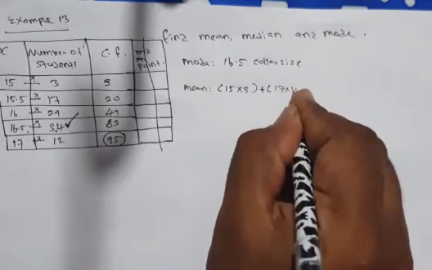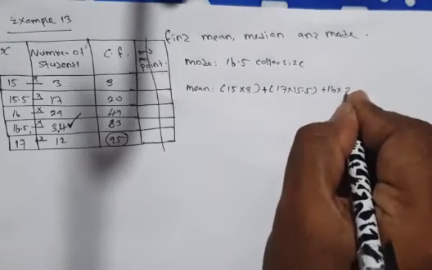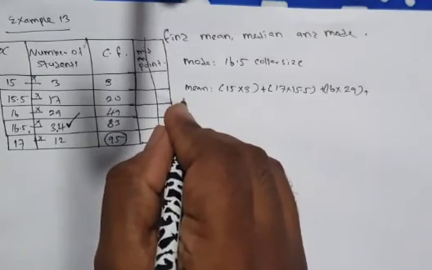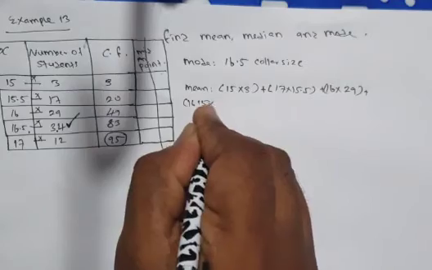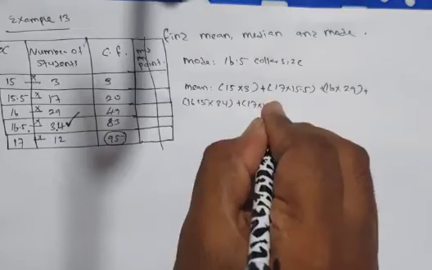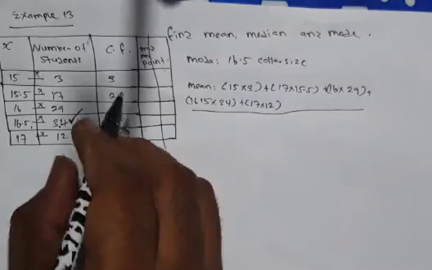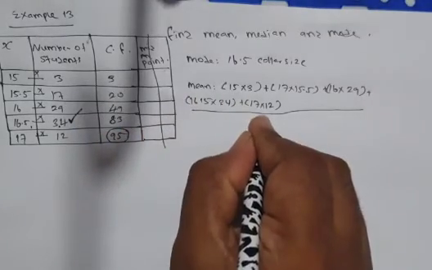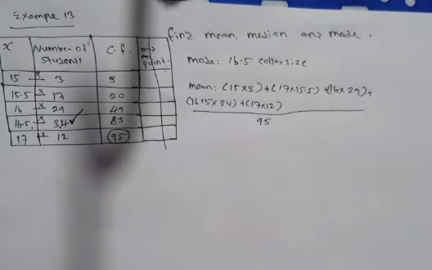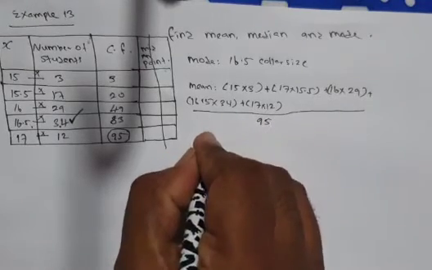So 17 times 15.5 plus 16 times 29 plus 16.5 times 34 plus 17 times 12, and then divide this by the total of the cumulative frequency, sigma f. Total divided by the total of the cumulative frequencies.